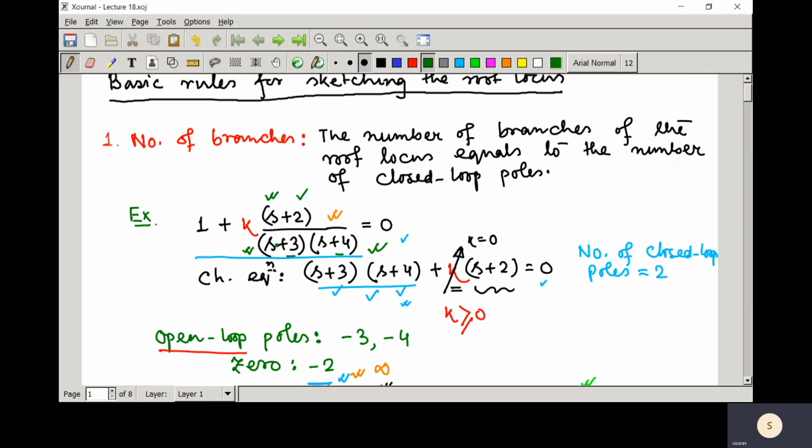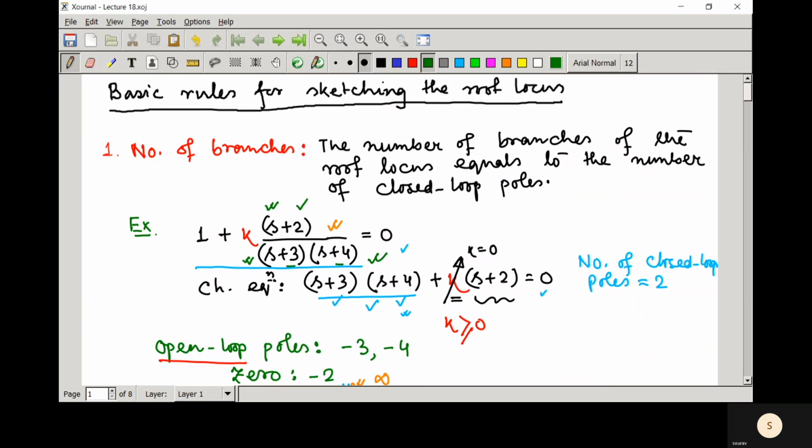So there is no possibility of having the same number of poles and zeros. Whenever there is the same number of poles and zeros, there is no zero at infinity. So in that case, the concept of centroid and the concept of asymptotes would not come into the picture.